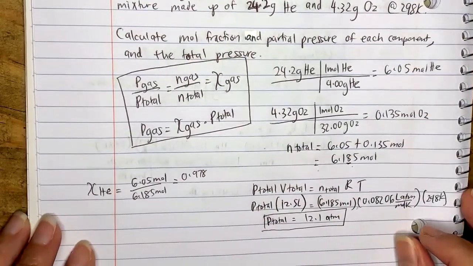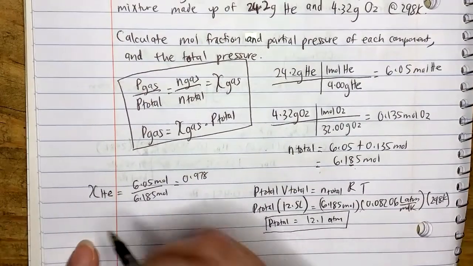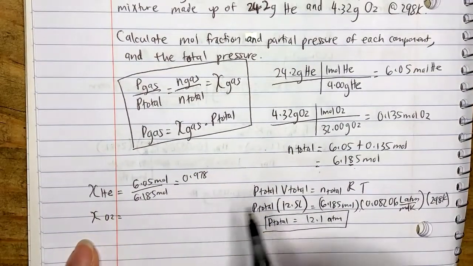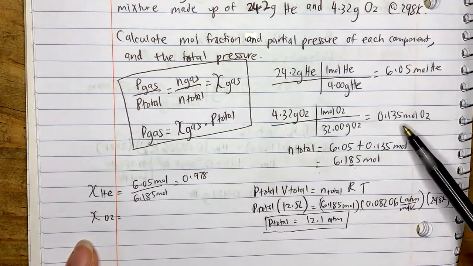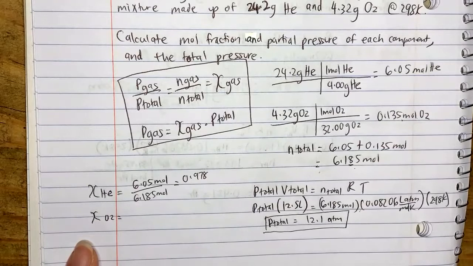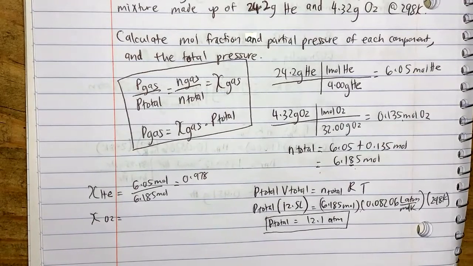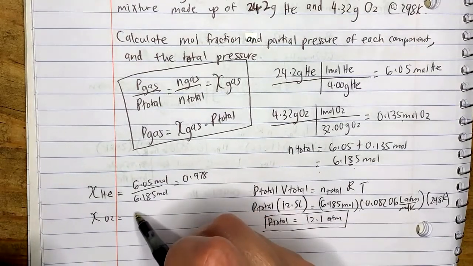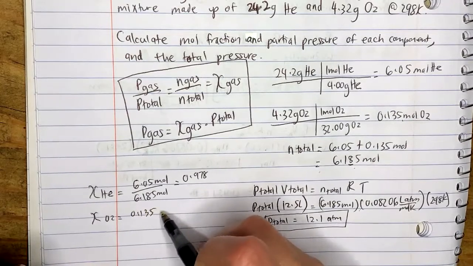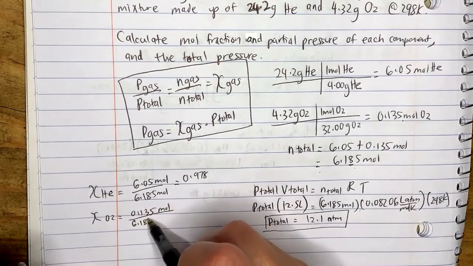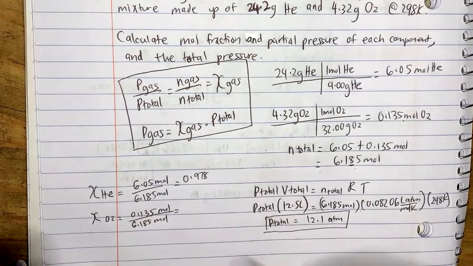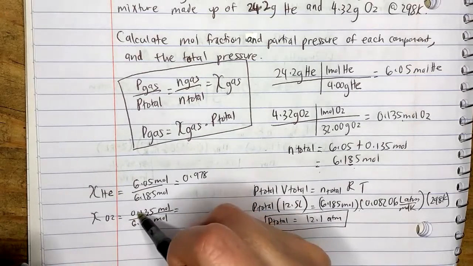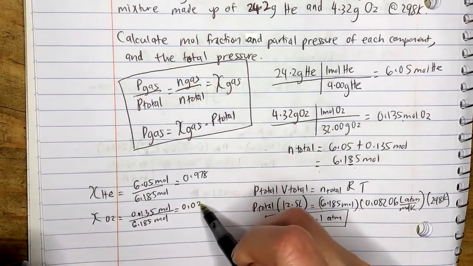And if I wanted the mole fraction of oxygen, I can do it two ways. 0.135 over 6.185, and you end up getting 0.0218.